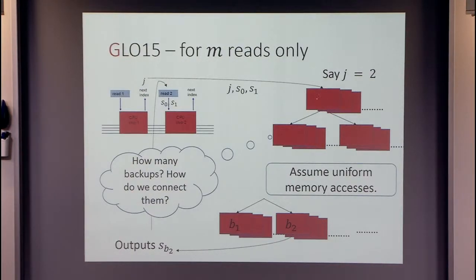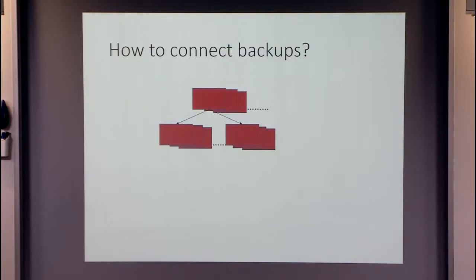The first garbled circuit, the root level garbled circuit, if you're doing T reads, we need T of them. For the children, we need T by 2 and so on. Now that we have answered the first question on how many we need, under this assumption that we're going to focus on for the rest of the talk, how do we connect them? It's a somewhat tricky problem. Let's see.